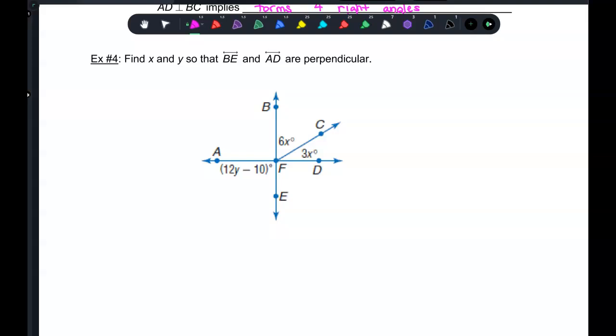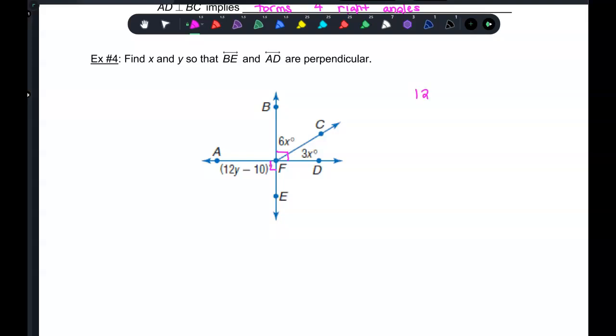Let's see. We want to find the values of x and y so that BE and AD are perpendicular. Okay, so yes, we want this to be a right angle. We're going to have 2 different equations.